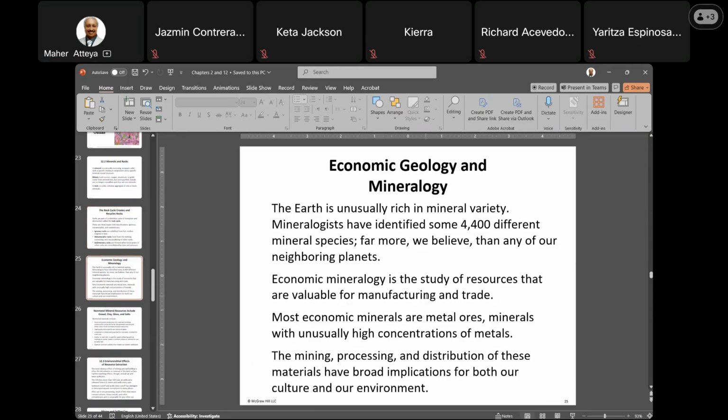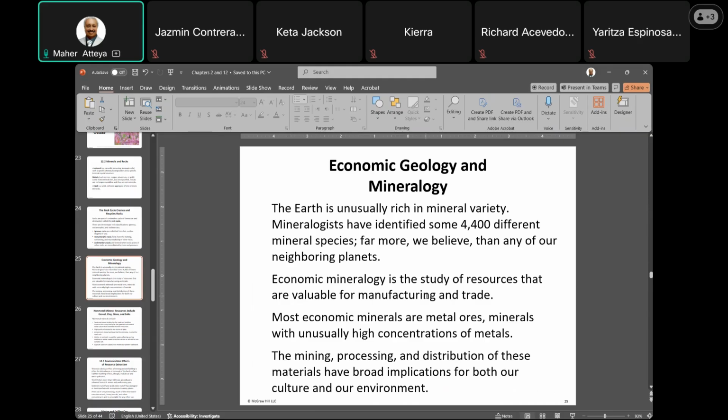Economic geology and mineralogy. Well, Earth is full of a lot of rich minerals, and again, minerals are combinations of metal oxides, combinations of metal carbonates. So those are the rocks, not only metal, but the salt of the metal.